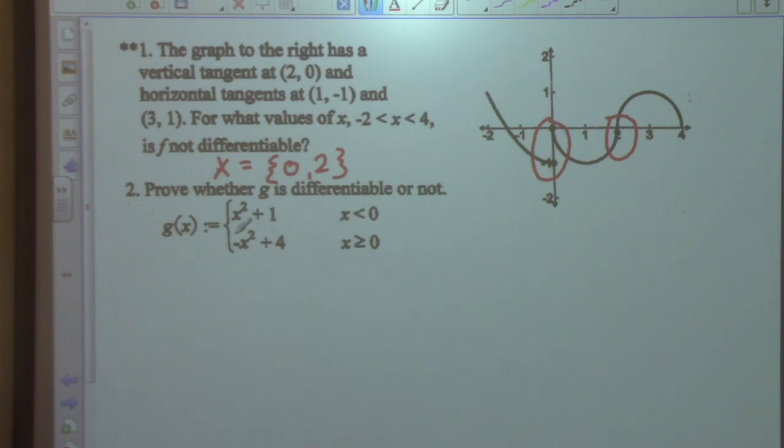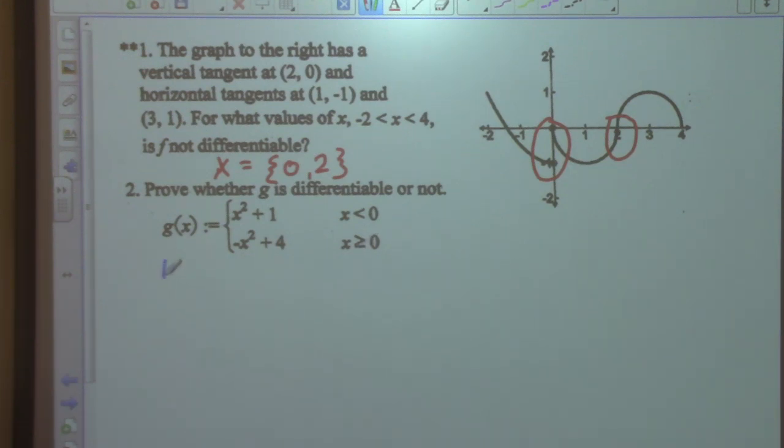And since g does exist, it's all going to be settled if the left-hand limit equals the right-hand limit. So all you have to do is set it up. You see that condition 1 is met because of this equal thing below.